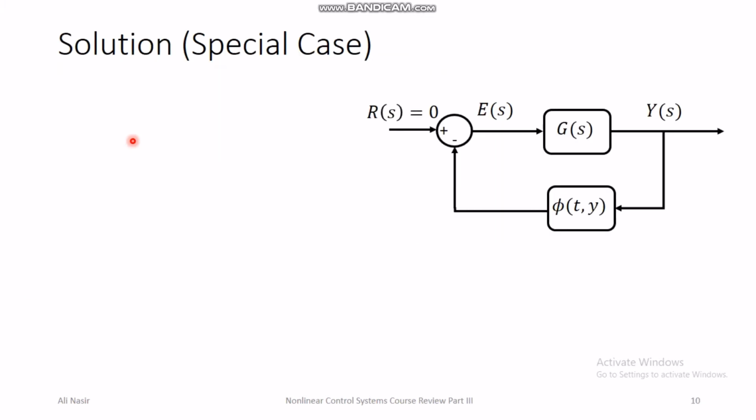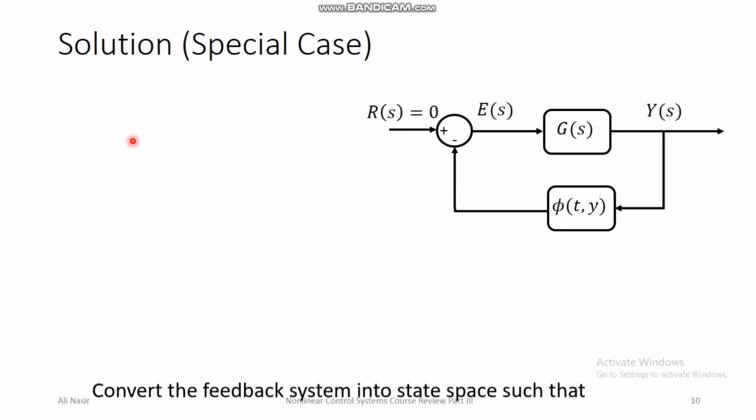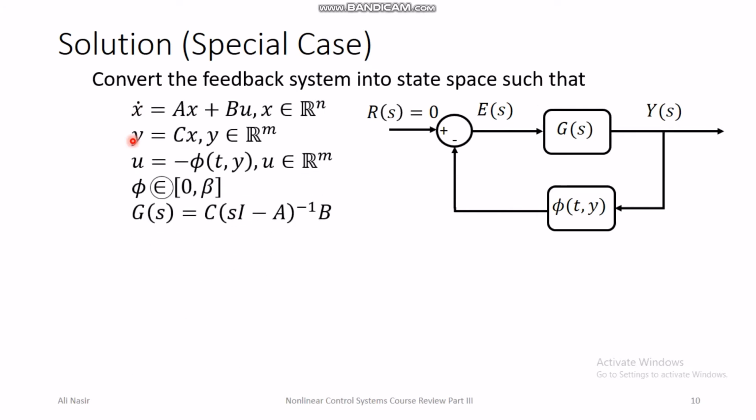The solution for the special case is when the sector of the nonlinearity is from 0 to some non-zero value, so the sector starts with a 0 slope and ends at a non-zero slope.